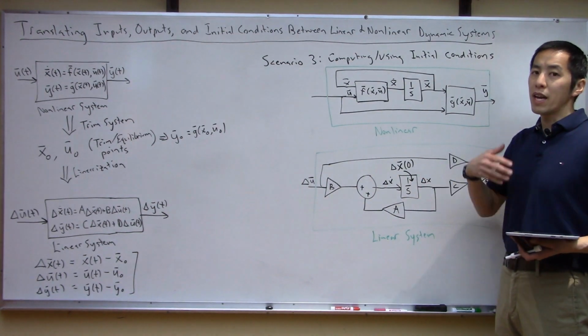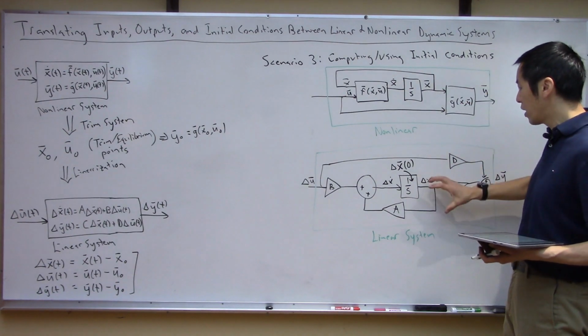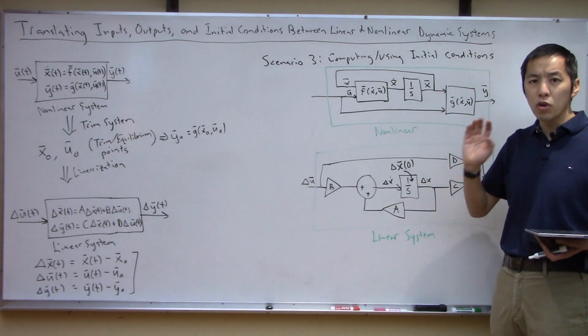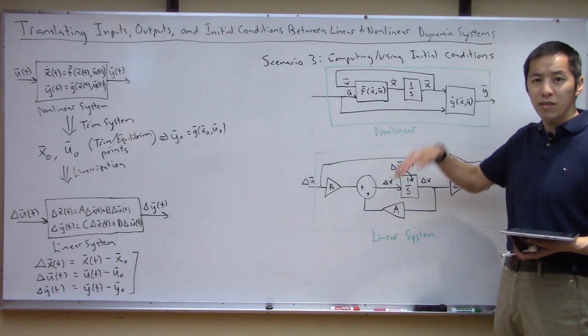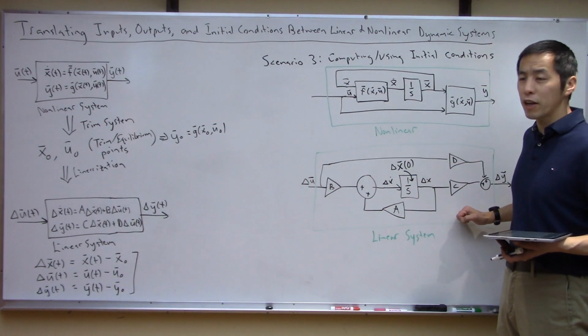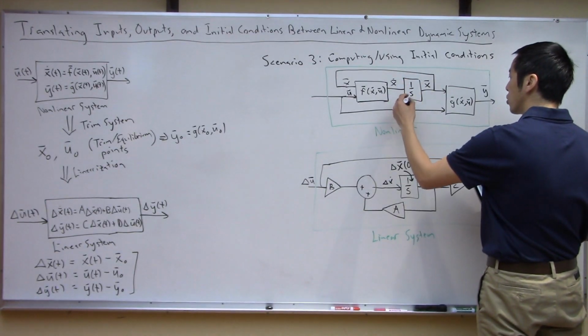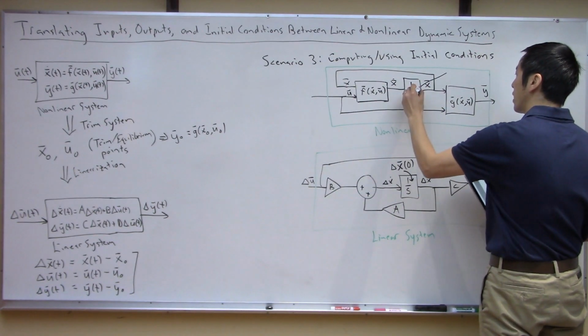Now, you might want to do the exact same thing up here. You say, okay, I've got a linear system, I'm going to put some non-zero initial conditions into here and see how this thing responds. If you then want to do the equivalent experiment up here in the nonlinear system, you also have to think about what's the initial condition that goes into this integrator right here.